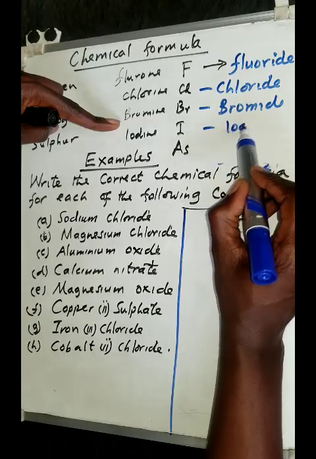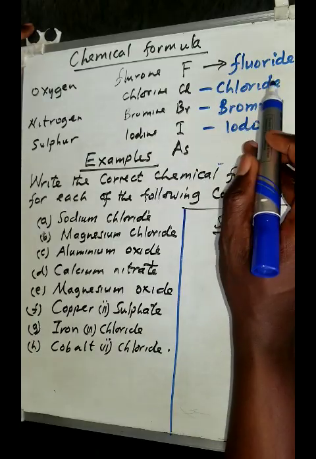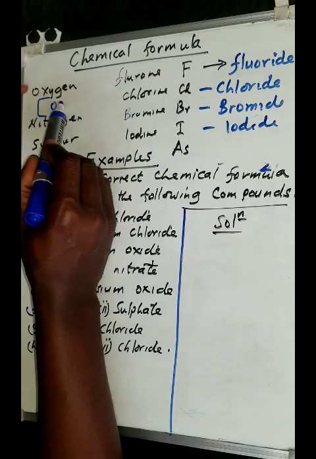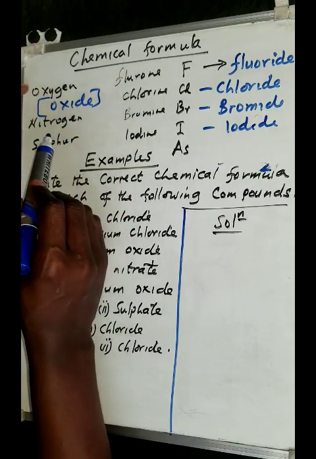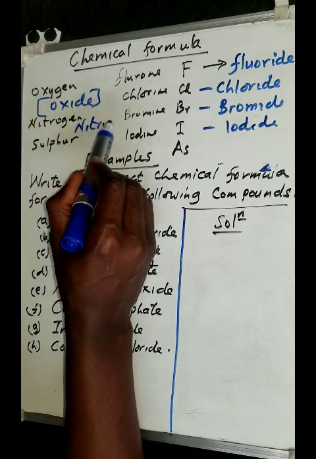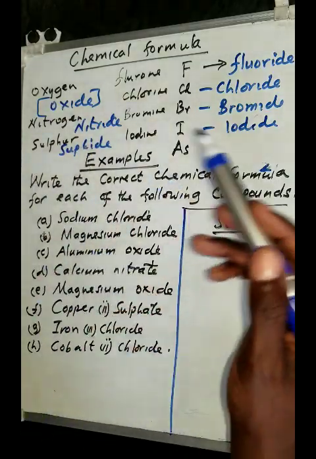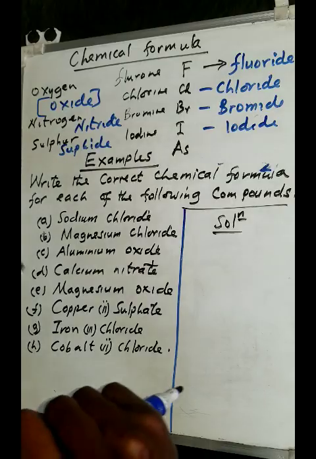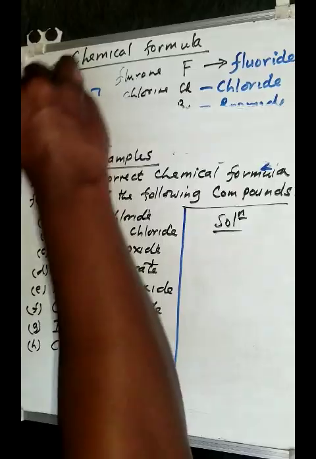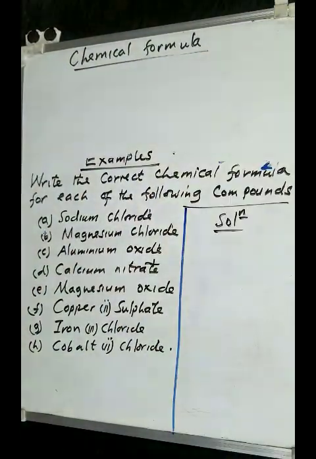Iodine changes to iodide. Oxygen changes to oxide. Nitrogen will be nitride. Sulfur we may call sulfide because it has undergone a reaction. So when some of the elements react, their name automatically changes.